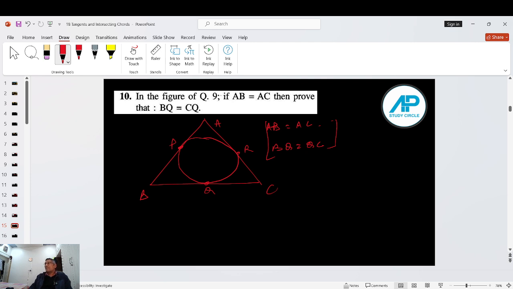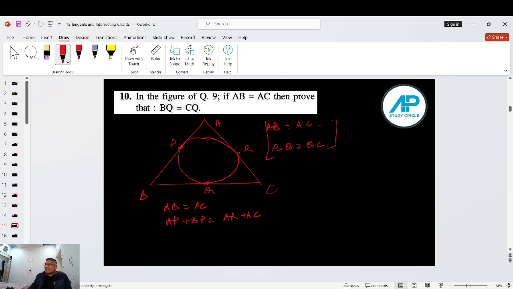Anyway, I've been given AB equals AC here, so I simply put AB equals AC. Now it has AP plus BP equals AR plus RC.